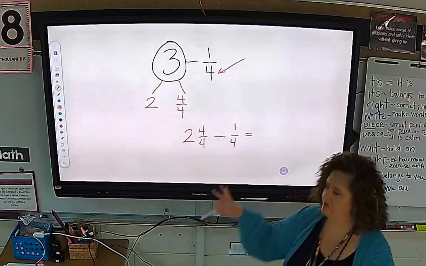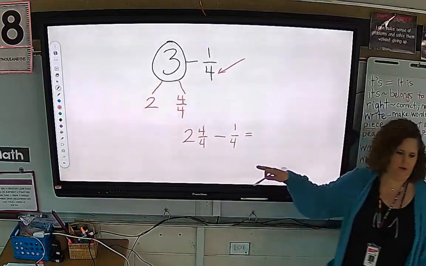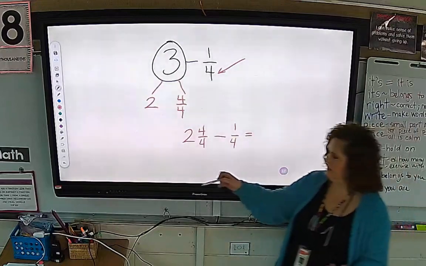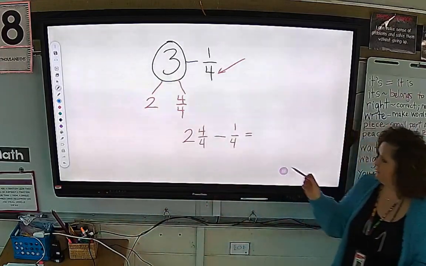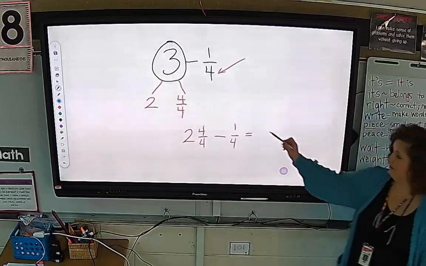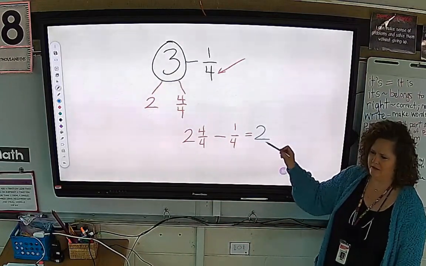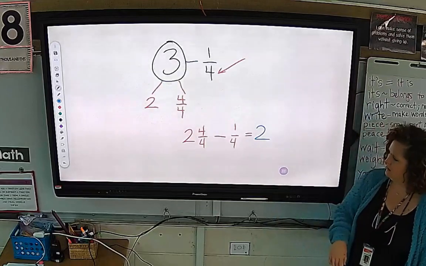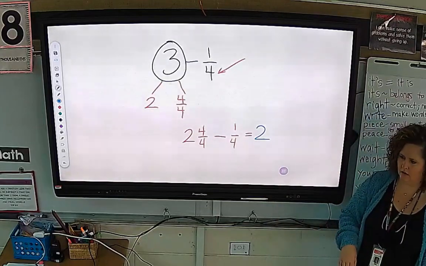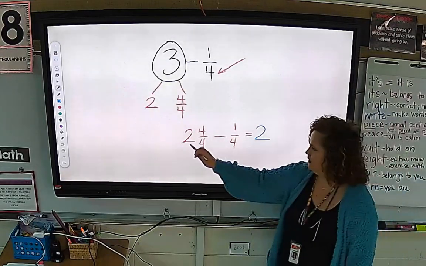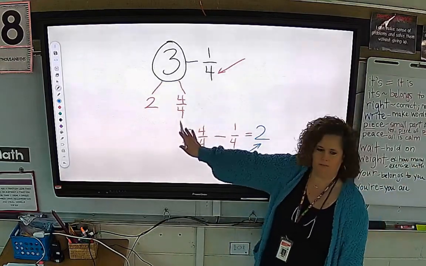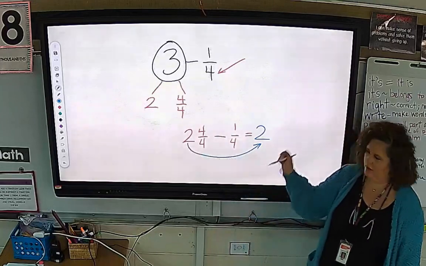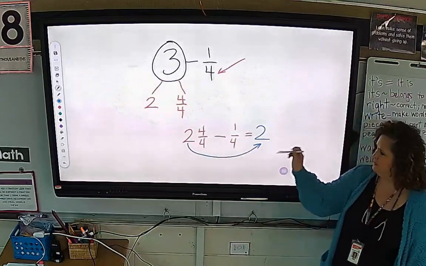I need to know what to do here. We all do. Mark, what are we going to do? We're going to take the 2 over there, because I don't really need it to do any more subtraction. Then you subtract 1/4 from 4/4, and you'll get 3/4. Once I move this over here, I just ignore it. It's moved. Now 4/4 minus 1/4 is just 3/4.